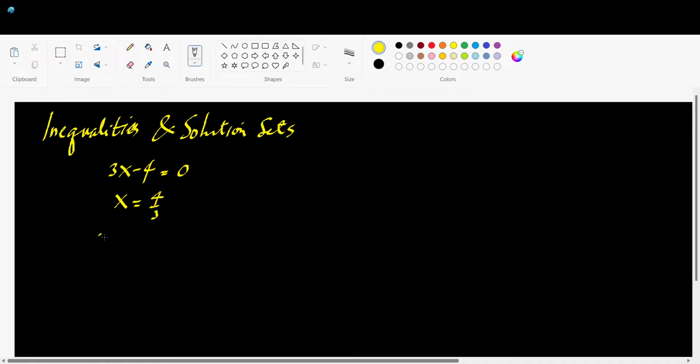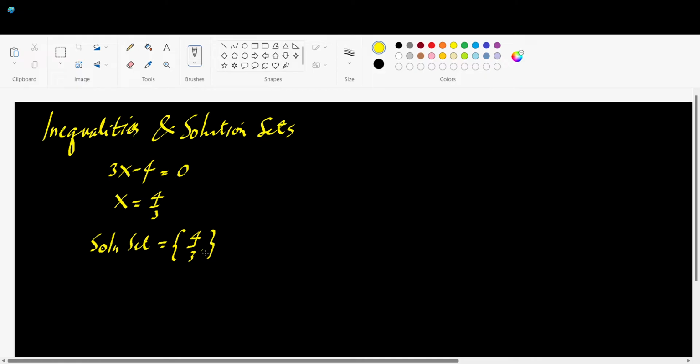So we say that the solution set for this equation will contain the number 4/3. There is no other number that will satisfy the equation 3x minus 4 equal to 0 other than 4/3.